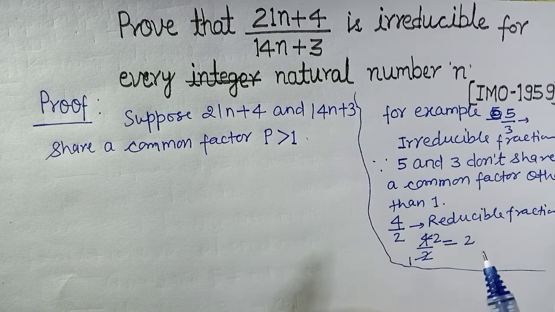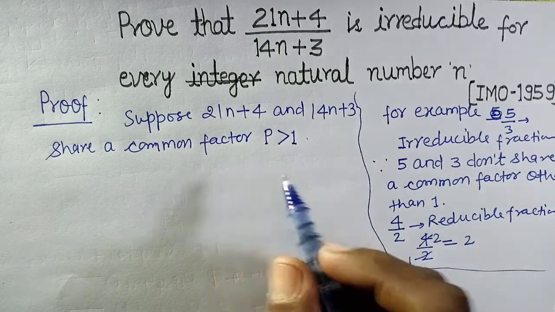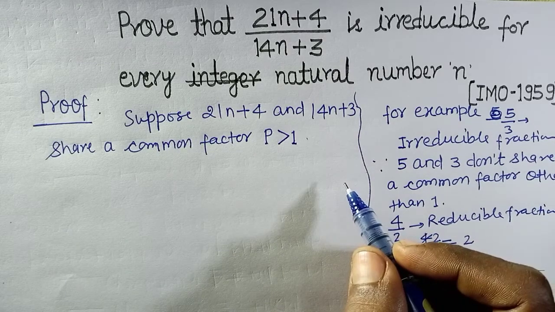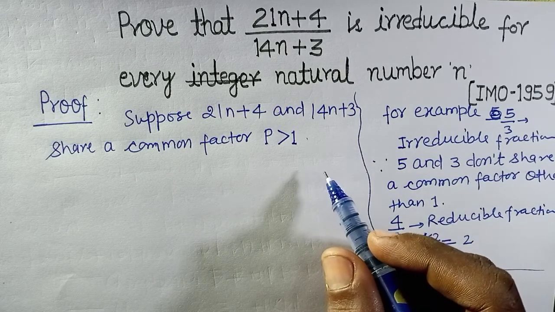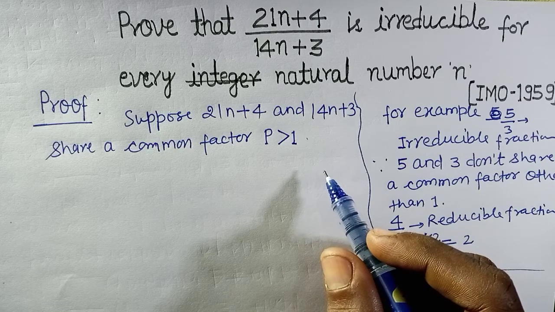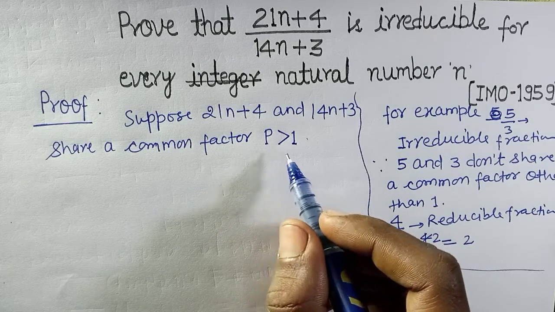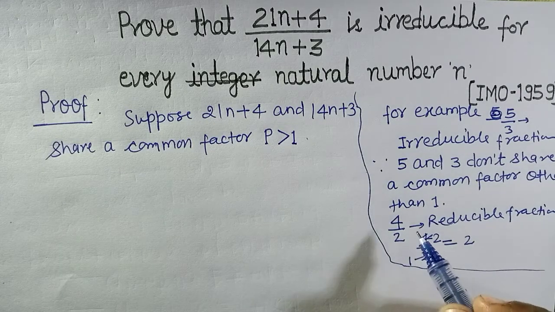If a fraction is reducible, then the numerator and denominator must share a common factor, and the common factor must be greater than 1.